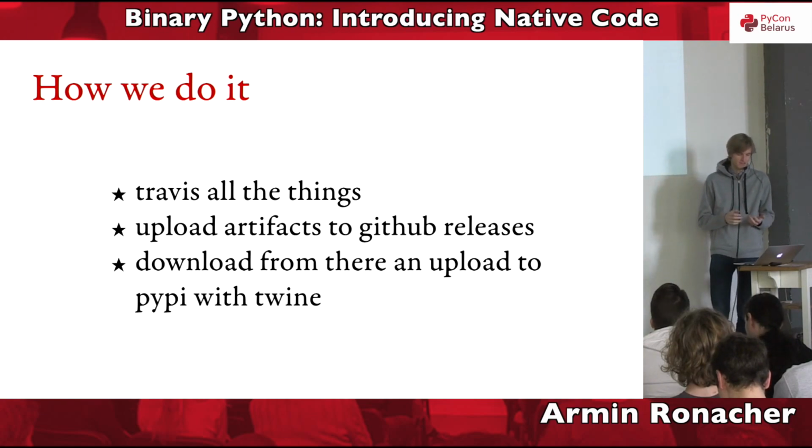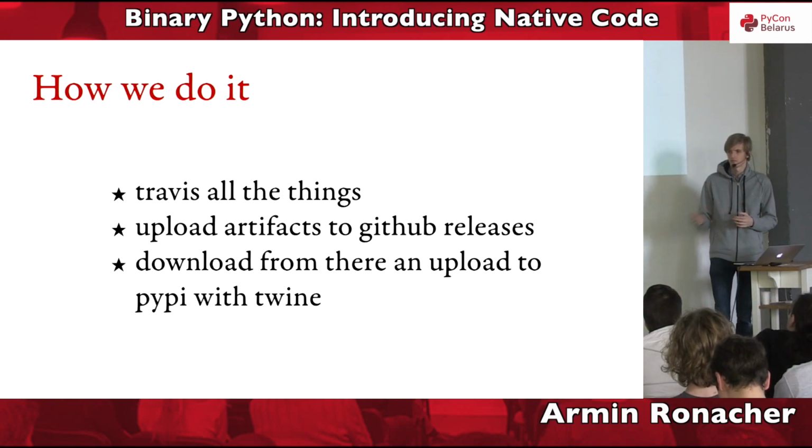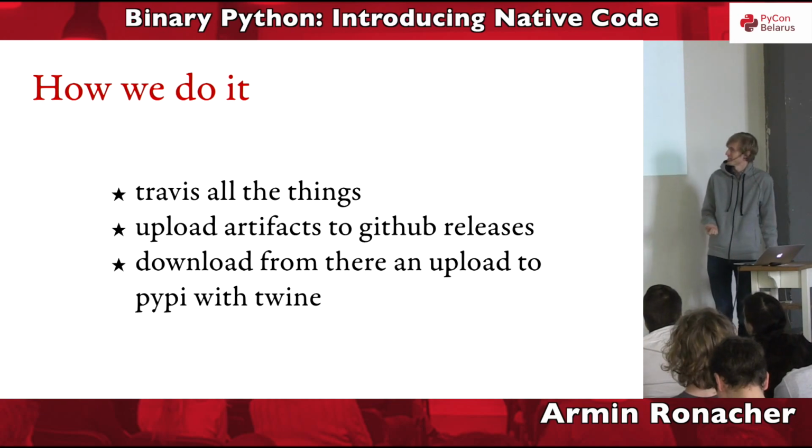So for instance, if you have a build matrix that builds 3 different libraries and only one of them fails, what you don't want is a new release on PyPI with 2 binaries on it and the third one missing. So what we actually do is we build onto GitHub releases, and then I manually go in afterwards, download the artifacts from GitHub releases, and then upload them from my laptop with Twine to PyPI. It's not perfect, but it's the best thing we can do with Travis at the moment.